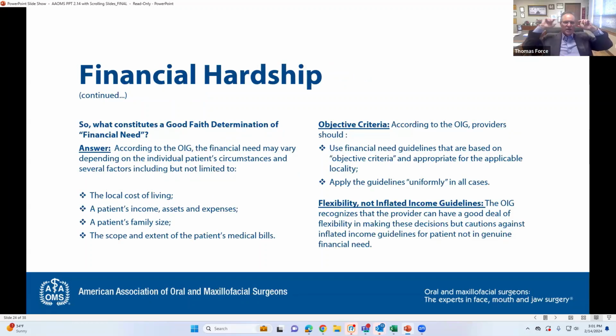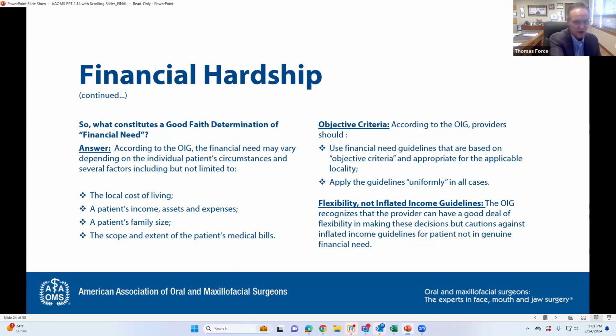So what constitutes a good faith determination of financial need? According to the OIG, the financial need may vary depending on individual patient circumstances and several factors including but not limited to the following. Now, this is the kind of stuff that should be in your financial hardship document. The local cost of living is a factor. Patients' income, assets, and expenses, have documents to support that.